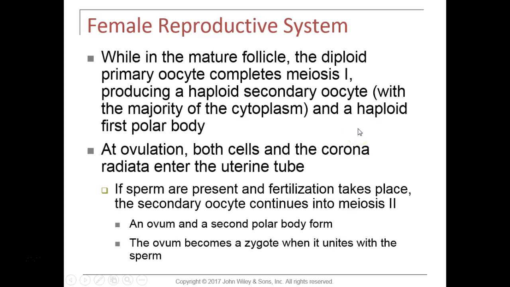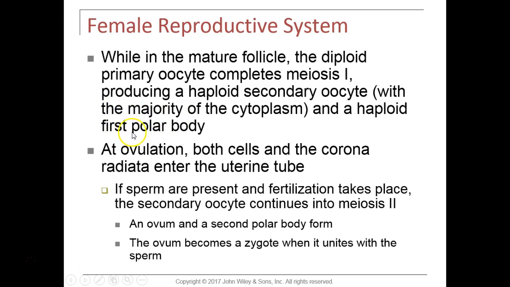So within the mature follicle, the primary oocyte completes meiosis 1. The primary oocyte is a diploid cell that contains 46 chromosomes. But at the end of meiosis 1, it produces a haploid secondary oocyte, which is the largest of the cells, and a smaller cell which is called a polar body.